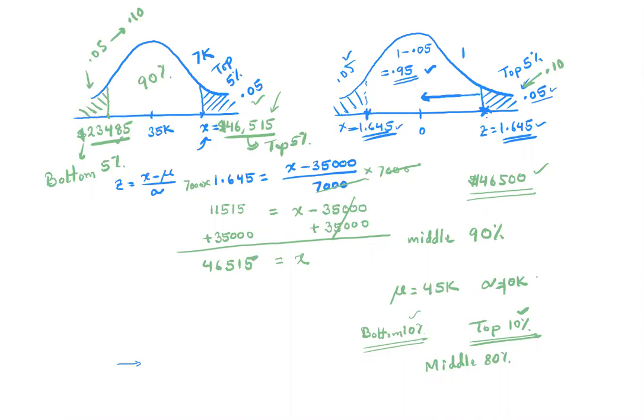Okay. Now, I'm going to give you another problem, and quickly, I'm going to give you a minute to work on it. You don't have to do the whole problem. Everybody do this. So again, 35K and 10K.